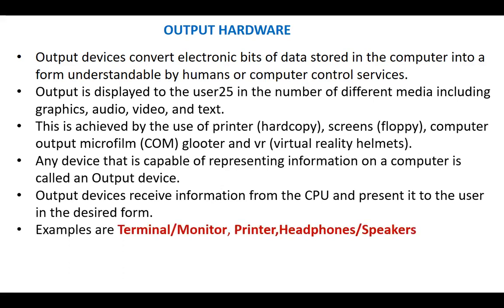Examples are a terminal or a monitor. A monitor is simply the screen of a computer. Let me just generalize it: the screen of a computer is called a monitor. Then the other example is the printer. And then we also have headphones, which give us audio output.